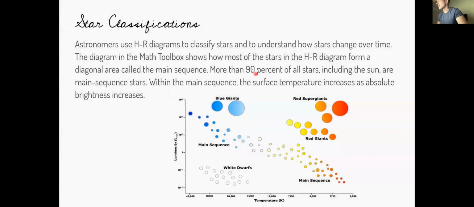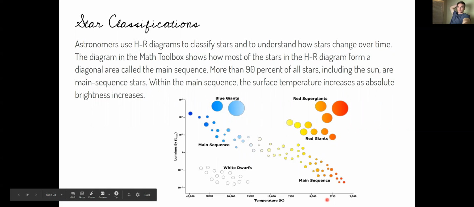Oh, you're finished. Okay. I will probably give you something like this on the test too, that chart. And this chart is very cool. All the stars are categorized here. The bottom is temperature, and this is how bright it is.